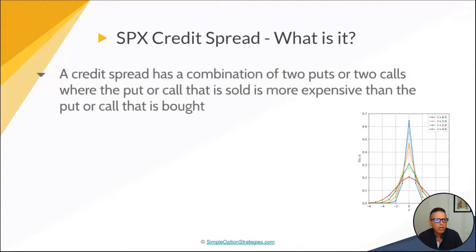So let's first talk about what a credit spread is, because some of you here might not even know what the heck a credit spread is. A spread is made up of a combination of different types of options. That's all it is. There are gazillions of ways to create these, but my laser focus is completely on credit spreads and on SPX credit spreads.